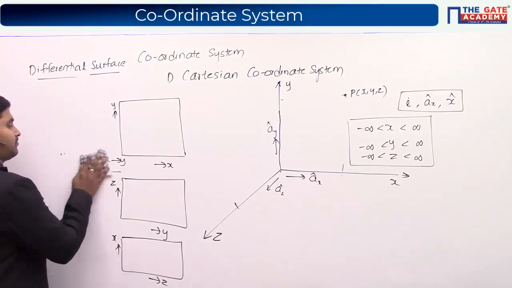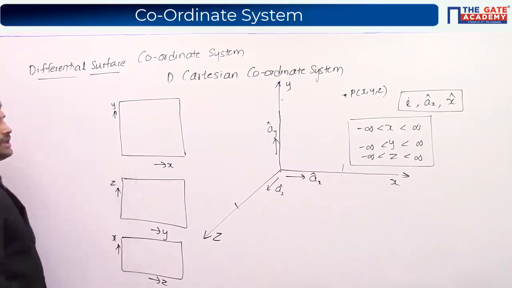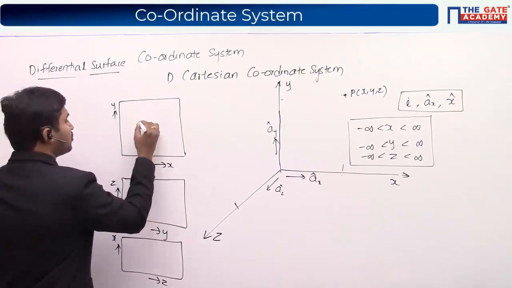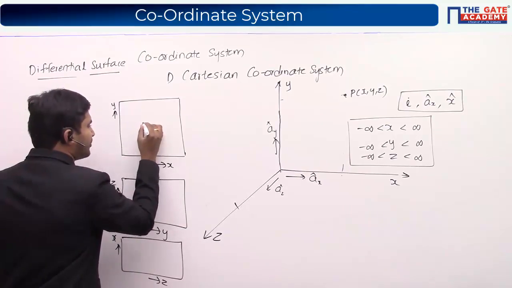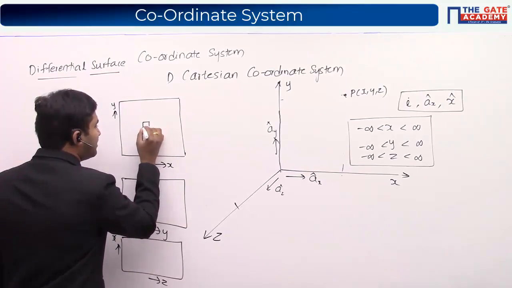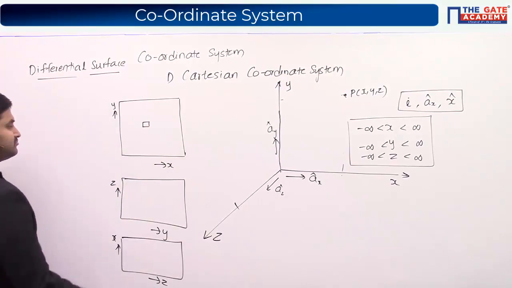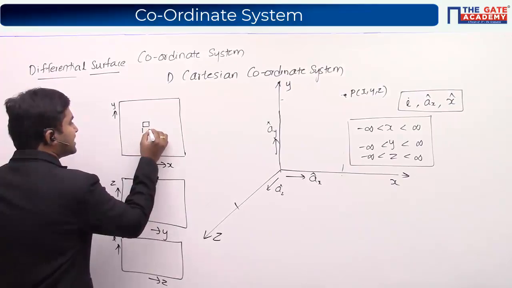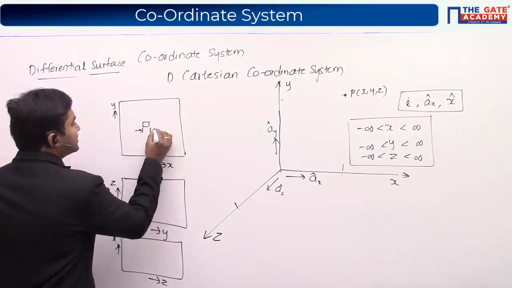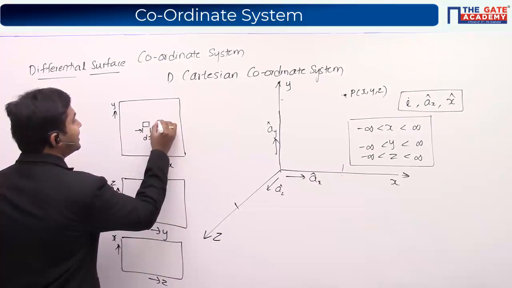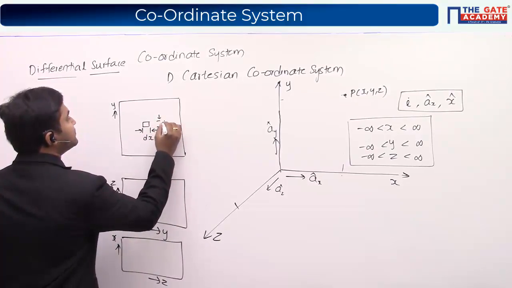Now, because here we are discussing the differential surface, what I'm going to do is consider a very small part of the xy plane, which is having the change in the x direction as dx, and it is also having the change in the y direction as dy.